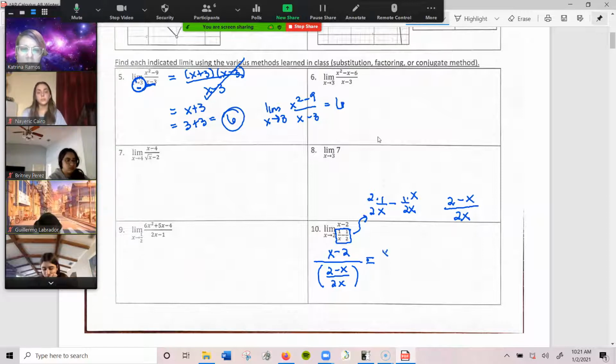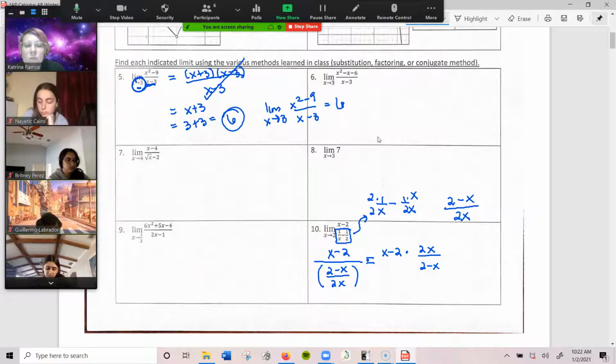So this would be x minus 2 times 2x over 2 minus x. Now the whole reason why we do this is we want to see if we can cancel out the denominator because that's where we have a problem. If you plug in 2, the denominator would still be 0.